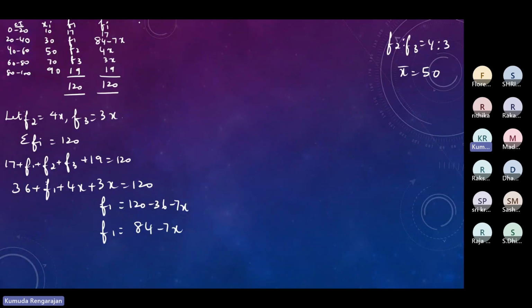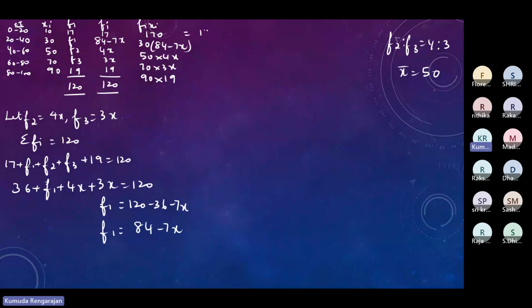Now we'll find Fi xi. 17 into 10, 170, then 30 into 84 minus 7x. And then it's going to be 50 into 4x, then 70 into 3x, and then 90 into 19.